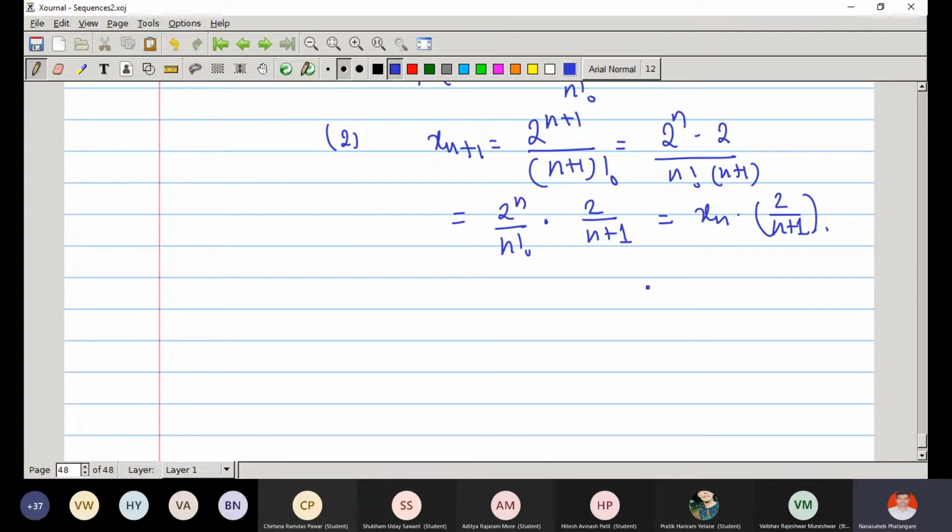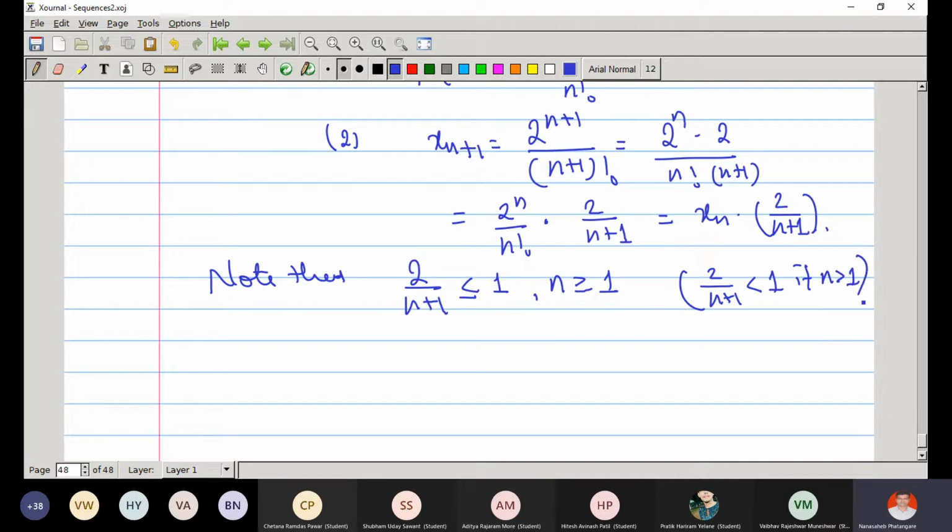Now note that 2 upon n plus 1 is less than or equal to 1. Is it true? Yes, sir. So for all n greater than or equal to 1. If n is equal to 1, it is true. In fact, 2 upon n plus 1 is strictly less than 1 if n is strictly greater than 1.